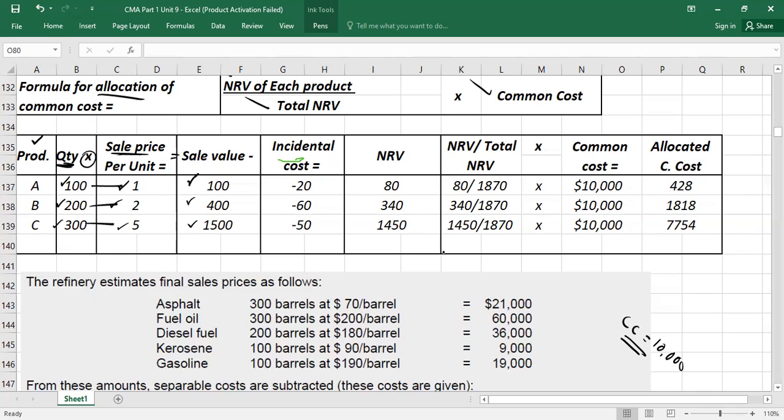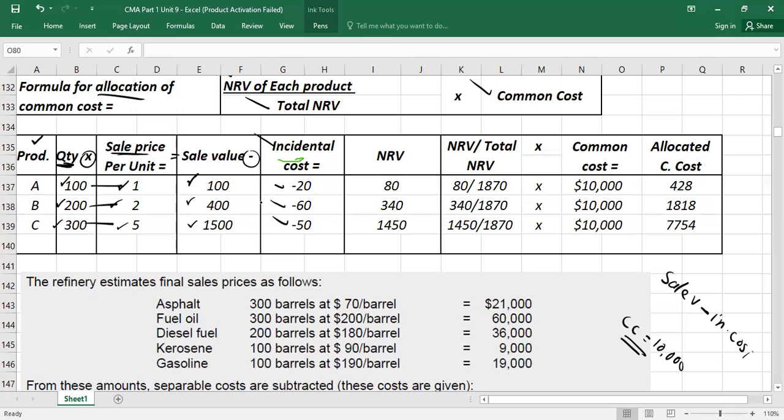Do you remember the formula for NRV? NRV is sales value, which we got, minus what? Incidental cost. So we got the sale value for each product. Now we need to deduct what? Incidental cost, which will be given in the question. For example, for product A, he told you it is $20. For product B, it is $60 in total. And for product C, it is $50.